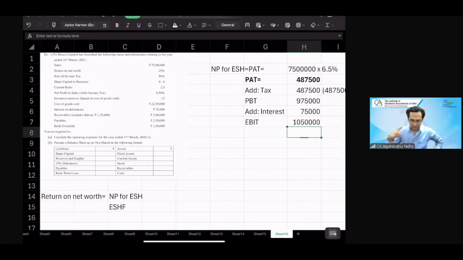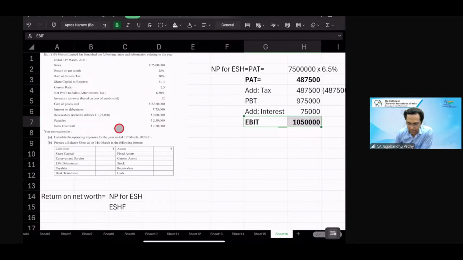So can I say we just do the backward calculation? EBIT of 10,50,000. From that we subtract 75,000 interest, from that you get PBT, you less the taxes, and then you get the PAT. So we get the EBIT as 10,50,000, or the operating income is basically 10,50,000. Okay, so that is done.